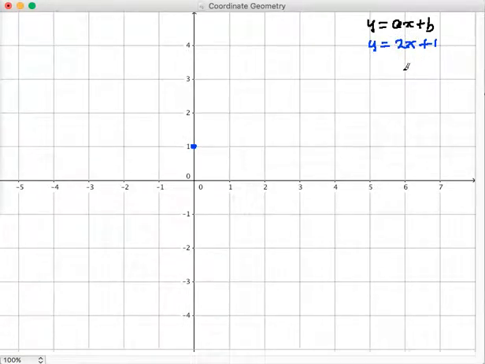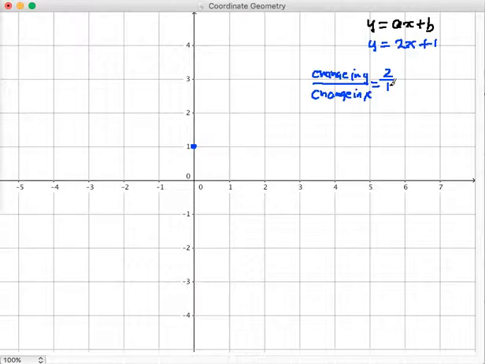Pwede nating sabihin na 2 over 1, kasi ang slope ay change in y over change in x, at ang 2 ay equivalent sa 2 over 1.